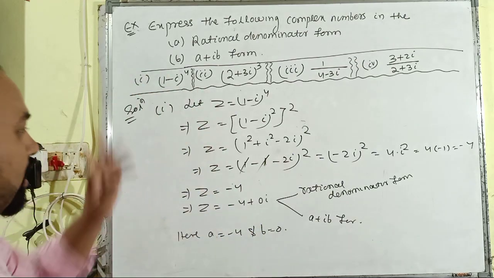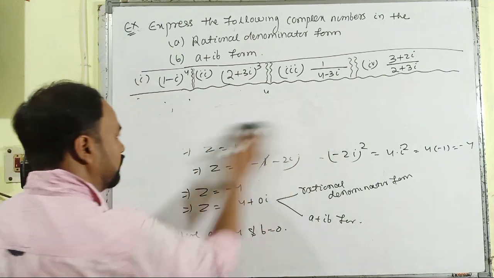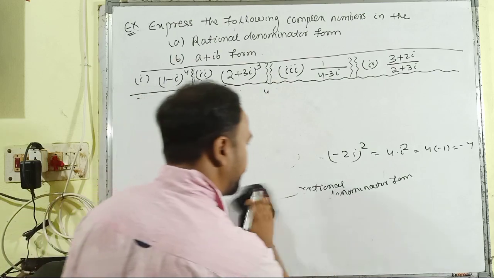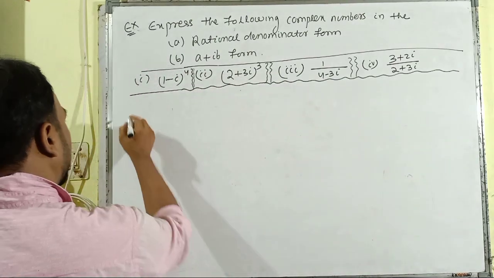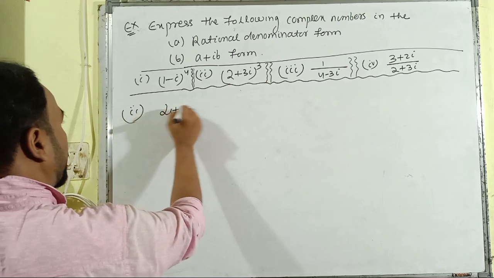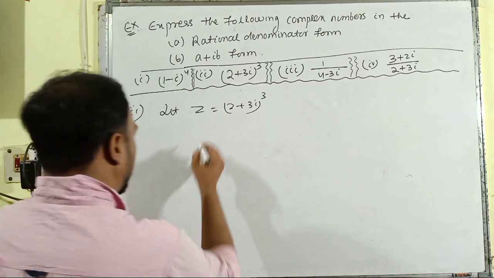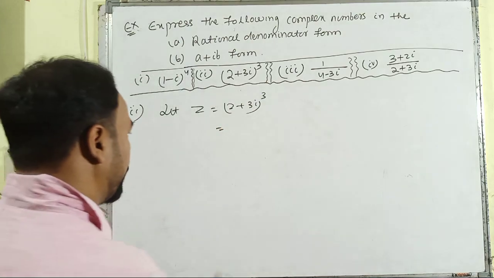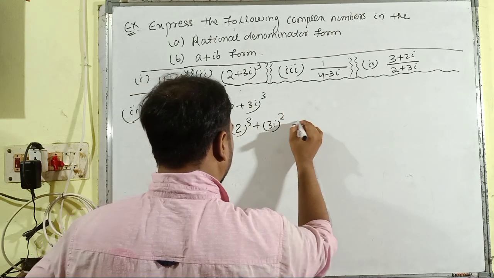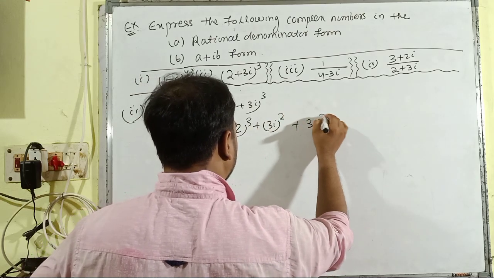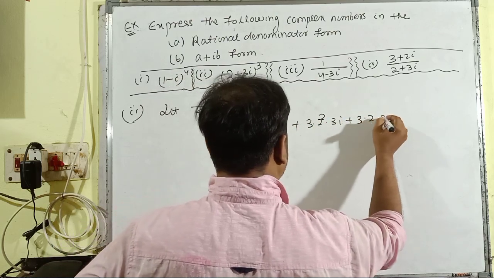Then moving towards the second bit of the given example. Let z is equal to the whole cube of 2 plus 3i. Now applying the algebraic identity, we have a cube plus b cube plus 3a square b plus 3ab square.